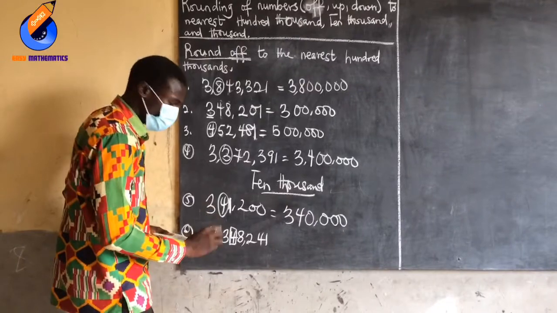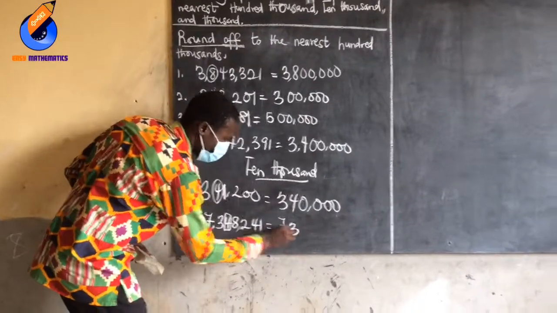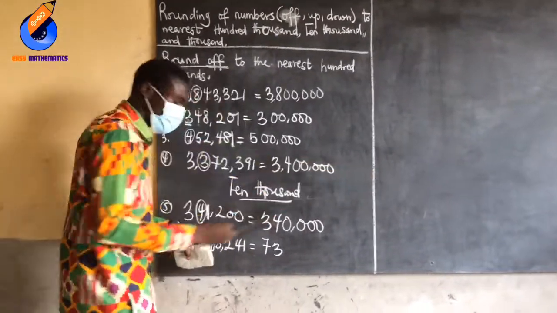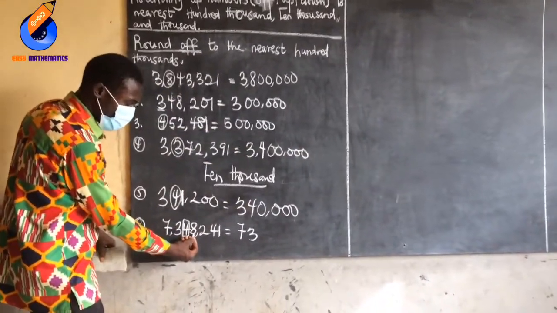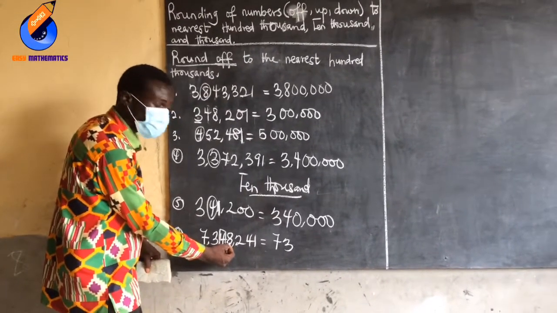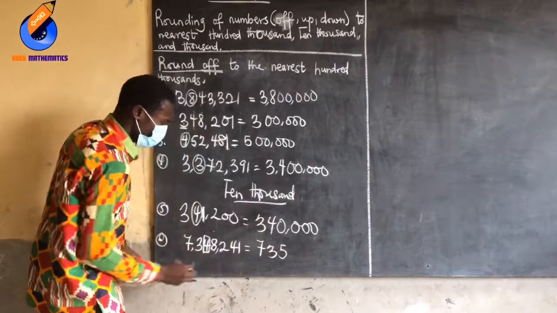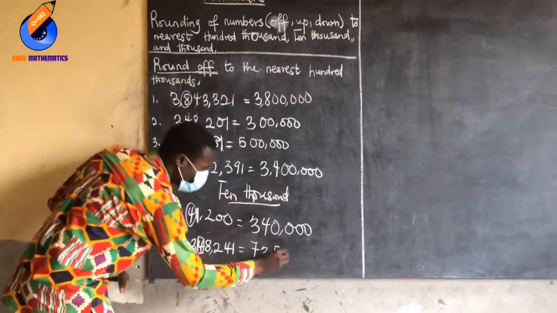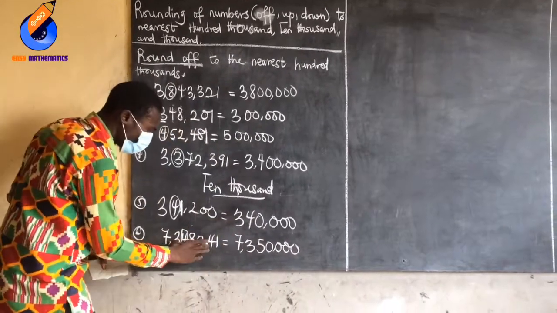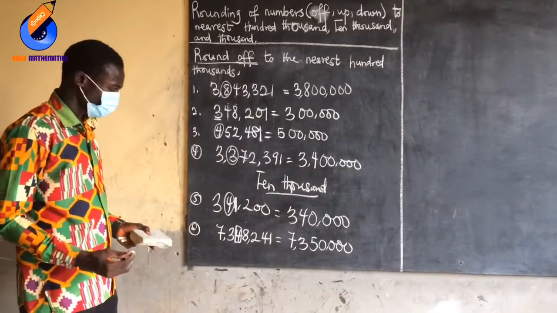Bear in mind with me that this 7,3, I didn't touch it. So I can bring my 7,3 here. Now the number close to the 4 on my right is 8. And this 8 is more than 5. Because the 8 is more than 5, I'll add 1 to the 4, giving me 5. Then 1, 2, 3, 4, I'll change those digits to 0. I have rounded this number off to the nearest 10,000.